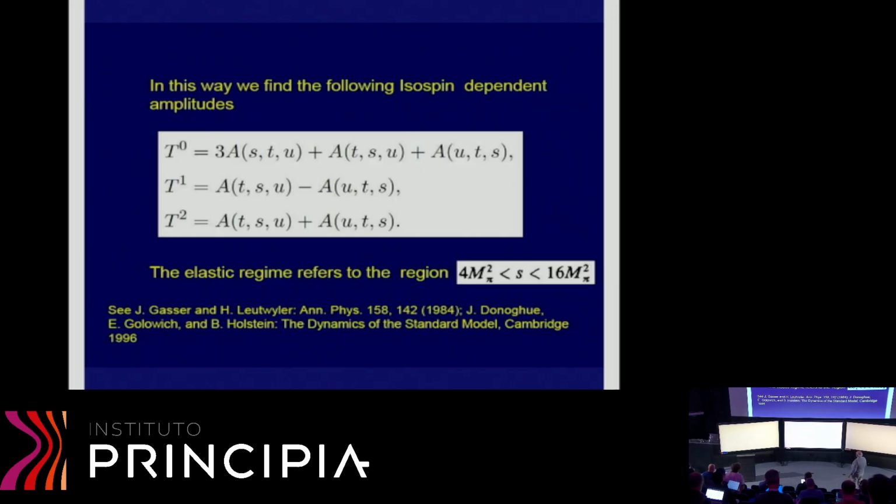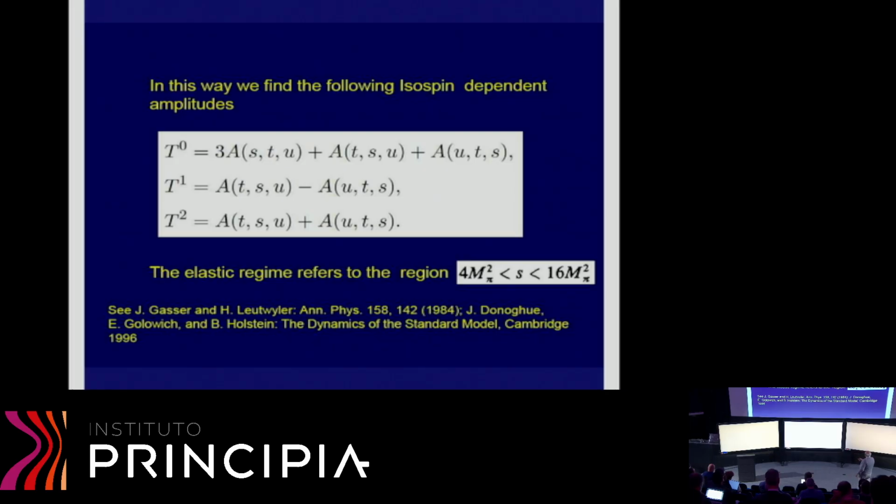In this way, you find the scattering amplitudes projected into well-defined isospin channels: isospin channel 0, 1, and 2. And when we speak about pi-pi scattering lengths, we always refer to being inside the elastic regime, without going into the threshold where you start producing pairs of other pions.